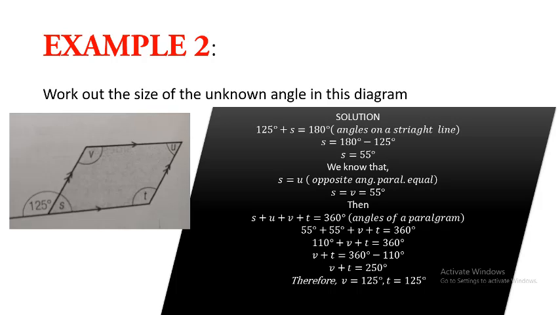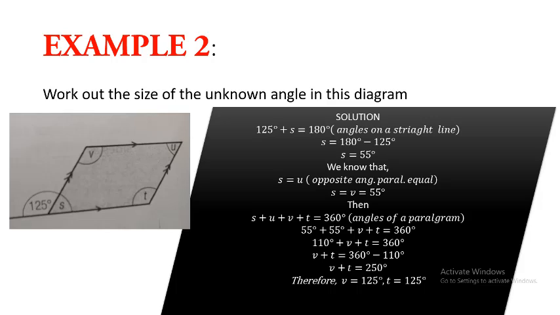And if we also check, we'll see that there is no angle given inside the parallelogram. All angles are unknown. However, we have another angle outside the parallelogram. So that angle is an exterior angle. We are going to use that angle to find the size of unknown angles inside the parallelogram.